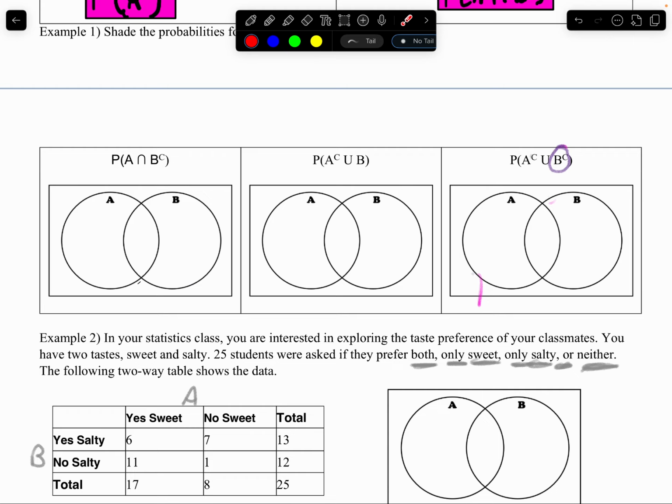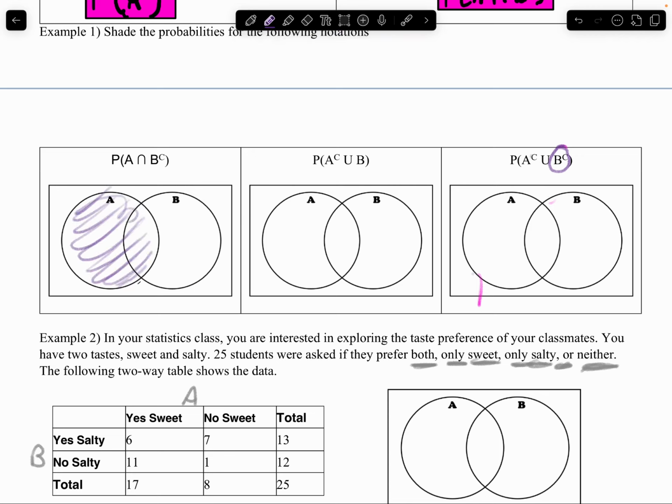So one thing we can do, if we get confused, is do the first one first, the A, change colors, and say we want everywhere where there's not B, which is everywhere except for the B circle. Now you don't have to do this.